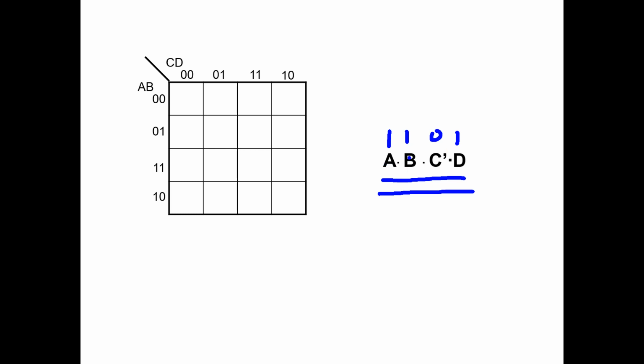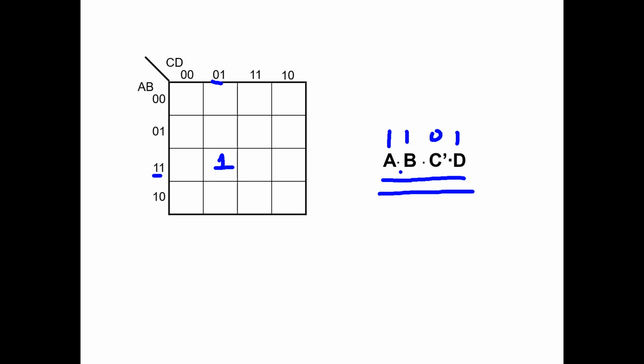A must be 1, B must be 1, C must be 0, and D must be 1. Which cell in the K-map has the inputs A, B, C, D equal to 1, 1, 0, 1? A, B is 1, 1, C, D is 0, 1. This cell, right? Okay, you can write 1 here for this product term.